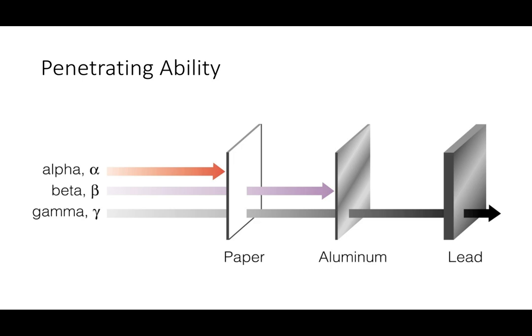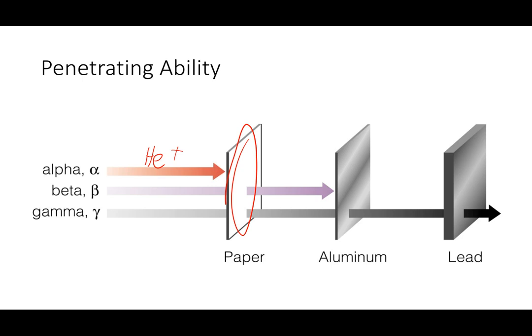The penetrating ability of these three varies pretty significantly. Alpha particles are by far the largest, and essentially they are the nuclei of helium atoms without the electrons. So they carry a positive charge, and they will be stopped by simple paper. So they're not terribly difficult to avoid.